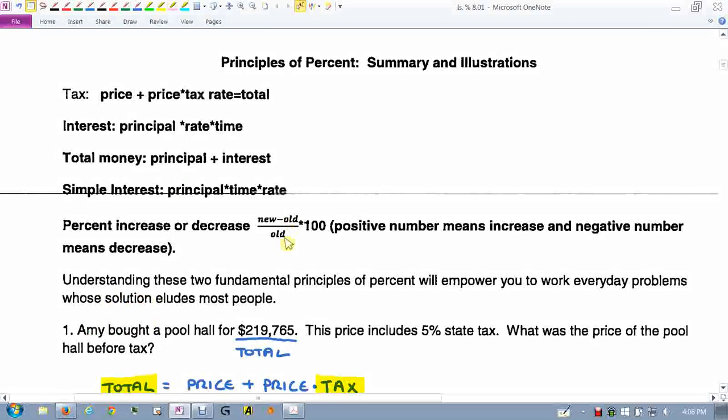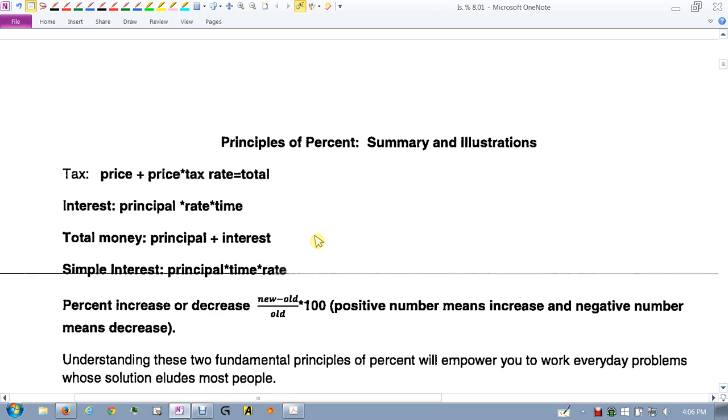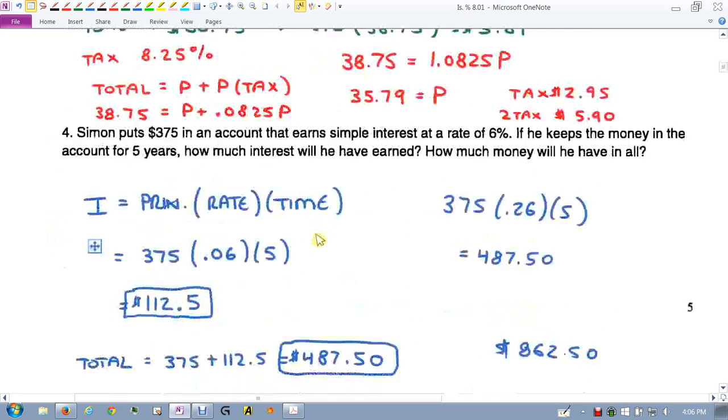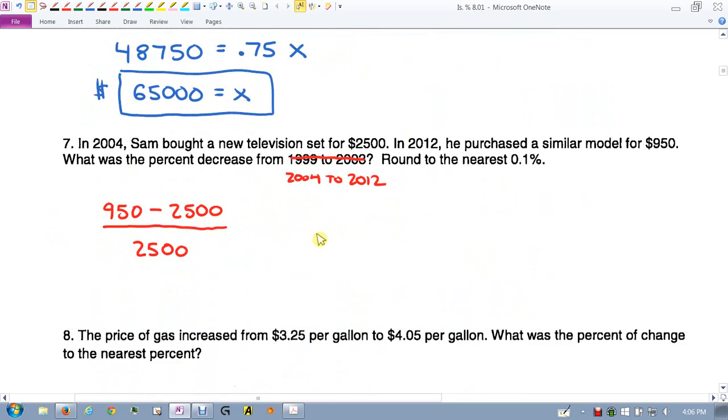New minus old over old. And let me talk with the other faculty and ask them what they are doing. Well, which is why this is your last math class, right? Okay.